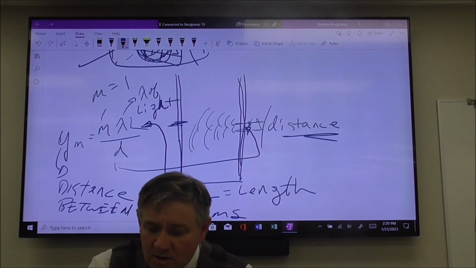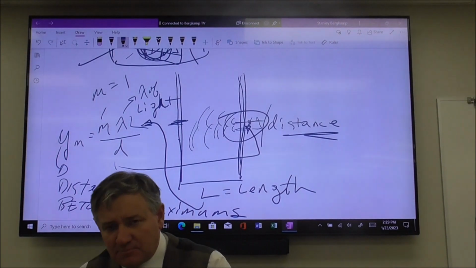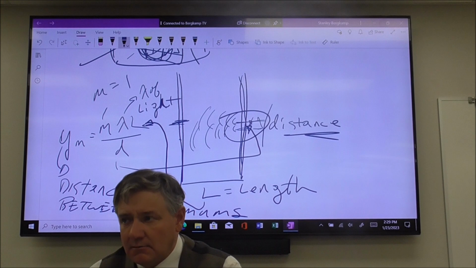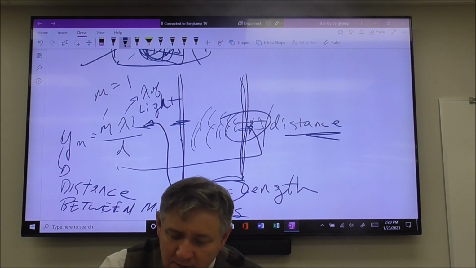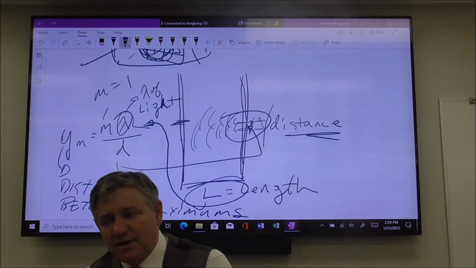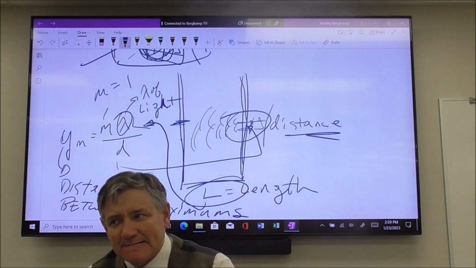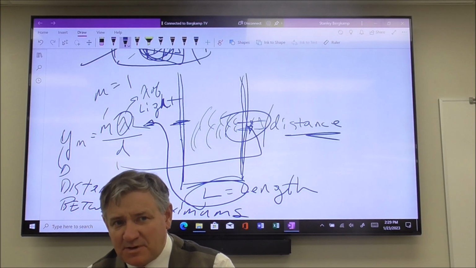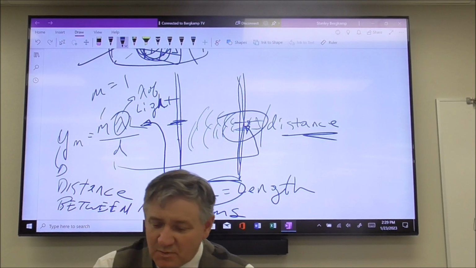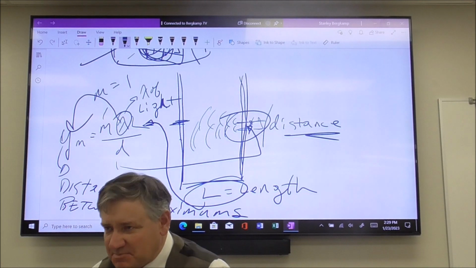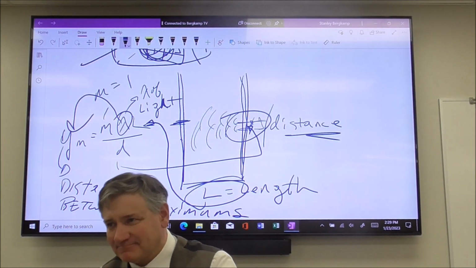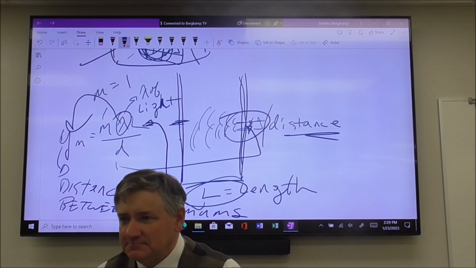What's that going to do to the distance between the two slots? Nothing. What's that going to do to L? Nothing. But what's it going to do to the wavelength? Decrease. Wavelength is going to become smaller. So if the wavelength becomes smaller, what's that going to happen to the distance between the fringes? That's going to become smaller.